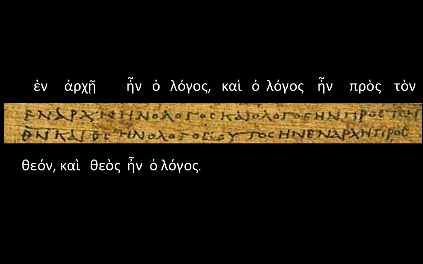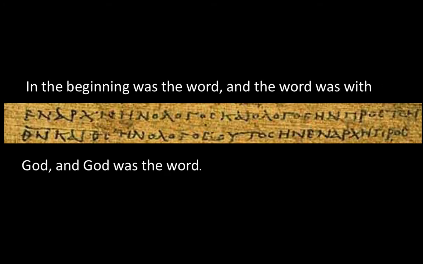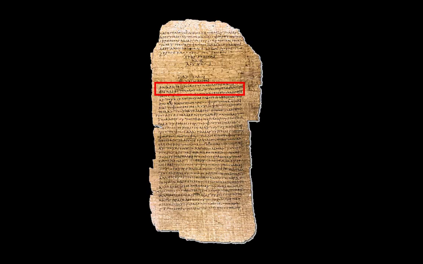And it reads, en arche en o logos, kai o logos en proston theon, kai theos en o logos, which translated into English means, in the beginning was the Word, and the Word was with God, and God was the Word, which are, of course, the first words of the first chapter of the Gospel according to John.